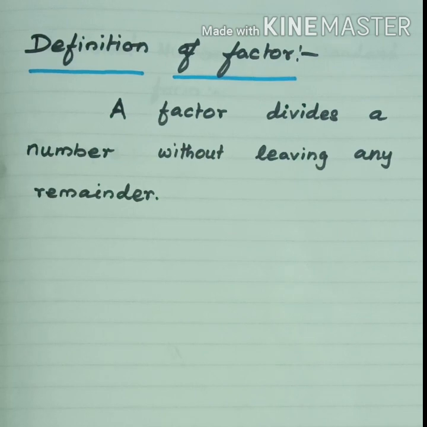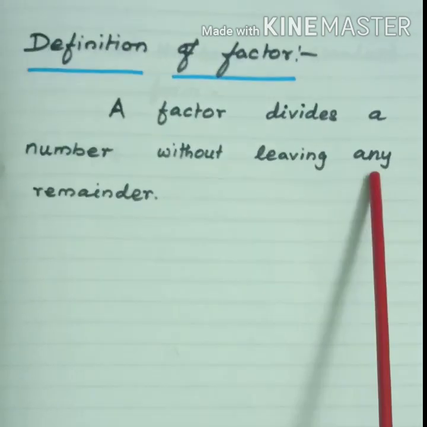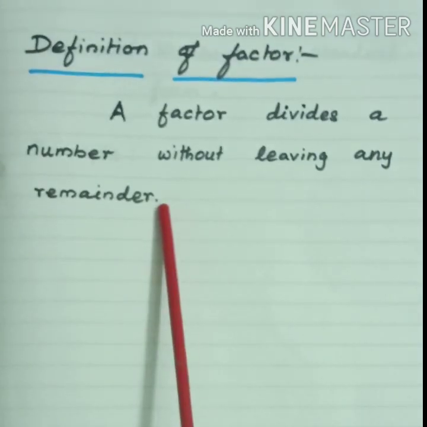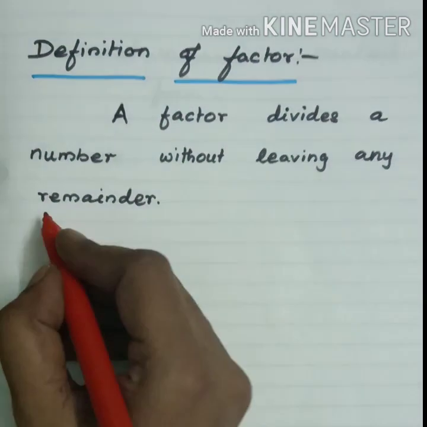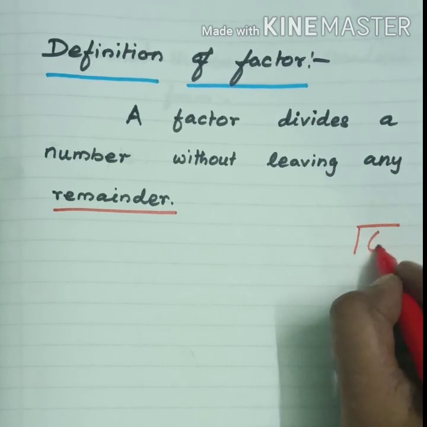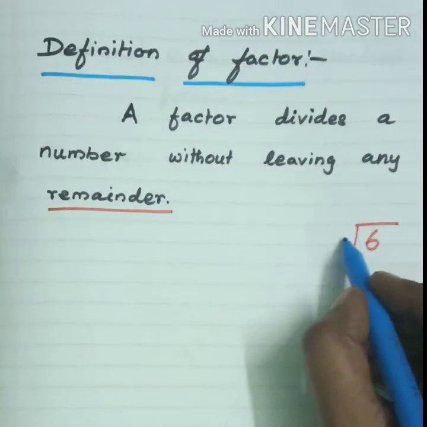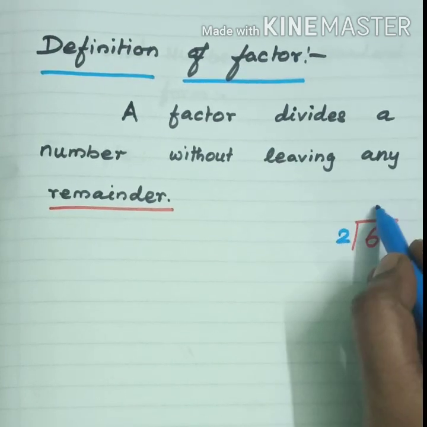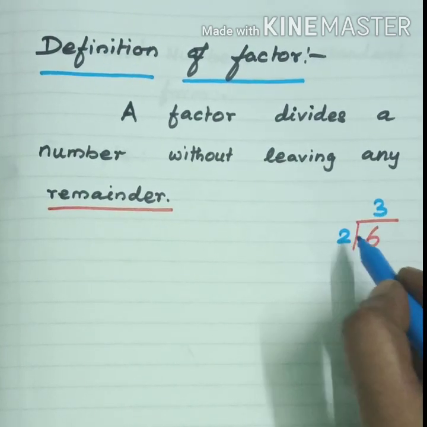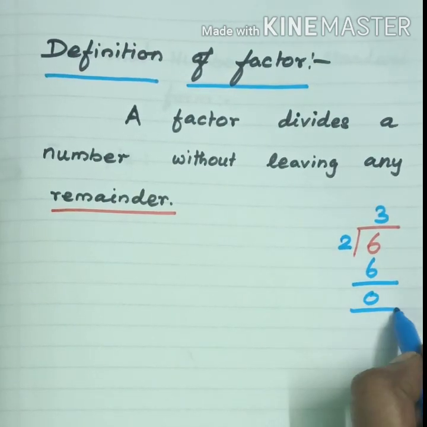Definition of factor. A factor divides a number without leaving any remainder. For example, take a number 6. If I divide the number 6 by 2, 3 twos are 6, the remainder is 0.